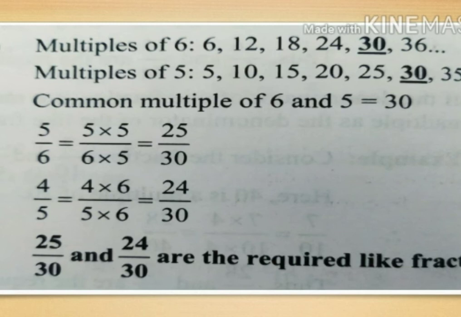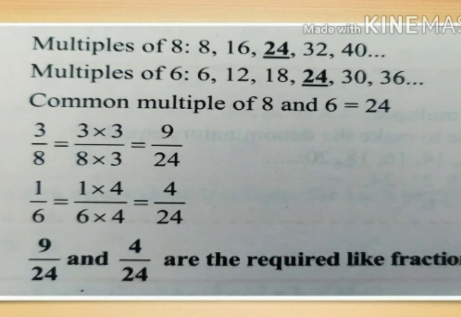Take first fraction 5 upon 6 is equal to 5 into 5 gives us 25 and 6 into 5 gives us 30. Second fraction 4 upon 5. 4 into 6 gives us 24 and 5 into 6 gives us 30. Therefore 25 upon 30 and 24 upon 30 are the required like fractions.